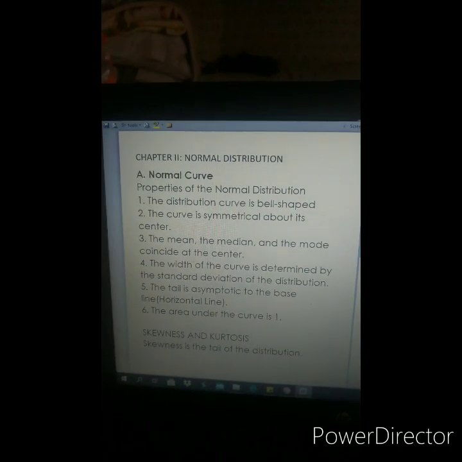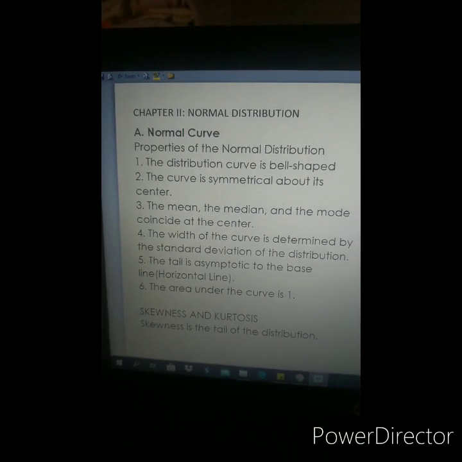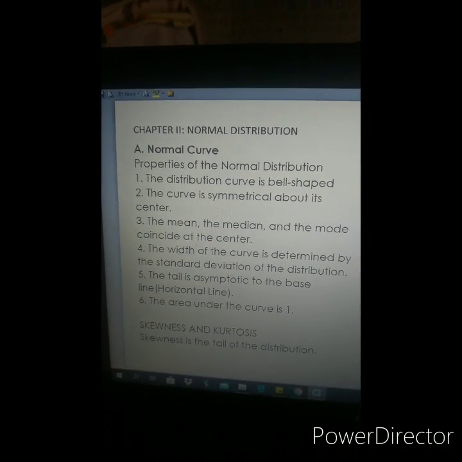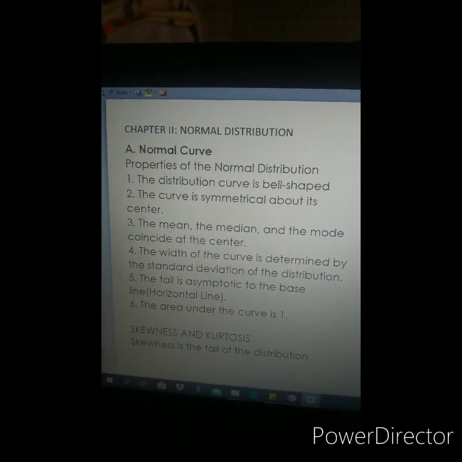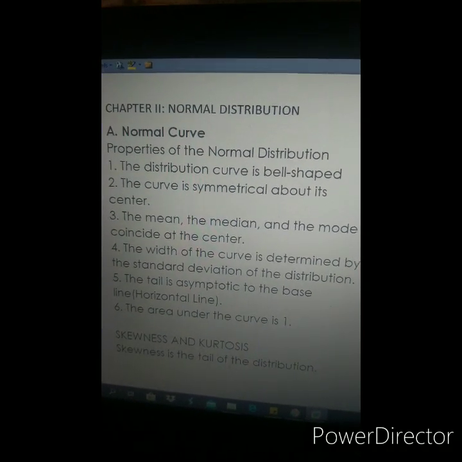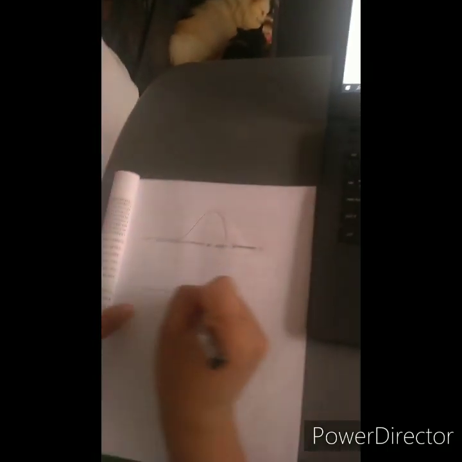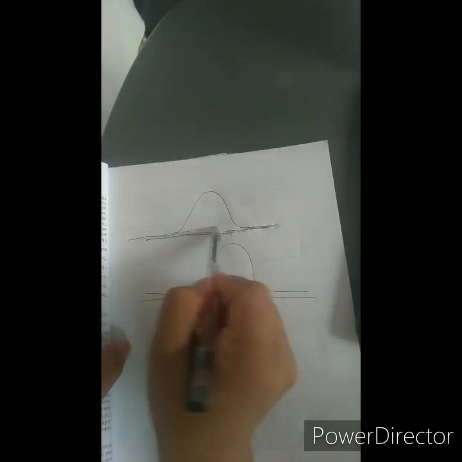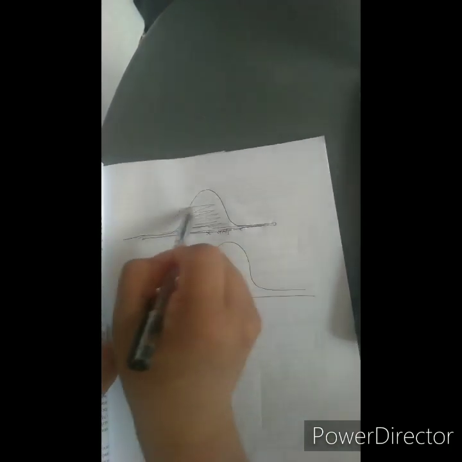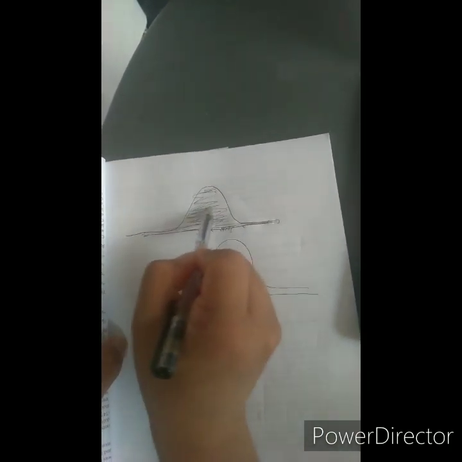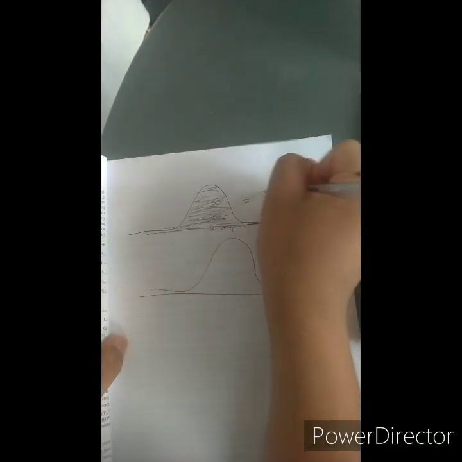Next, last and the most important thing that you should know with the normal distribution: the area under the normal curve is equal to 1. So if you shade all of this, all of this area is equal to 1.